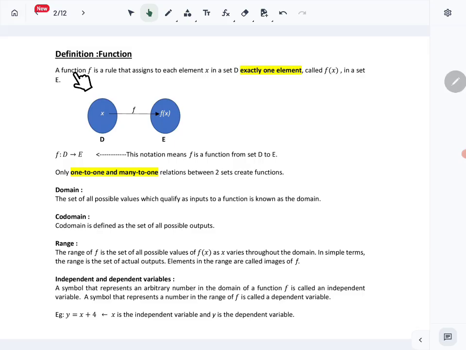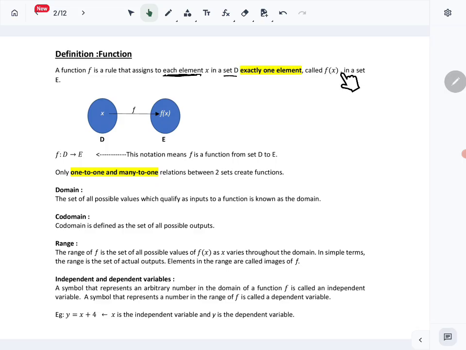So let's go through this definition. A function f is a rule that assigns each element x in set D, that is the first set, this set. This is very important. Each element in set D has to be assigned exactly one element called f of x.